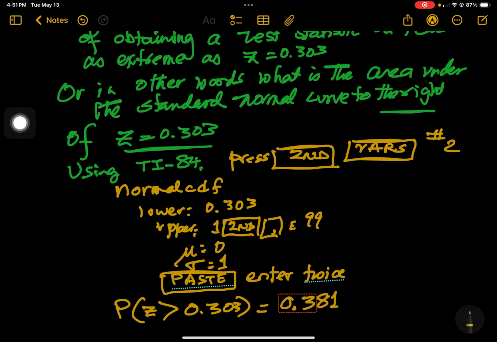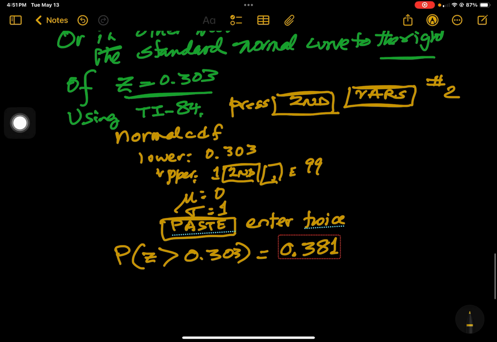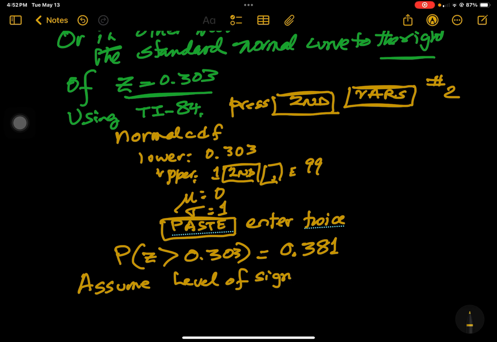Now in this particular problem, we were not given a level of significance. When level of significance is not given, assume level of significance is equal to 0.05. What is this level of significance?